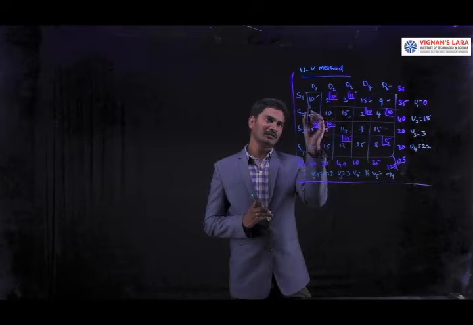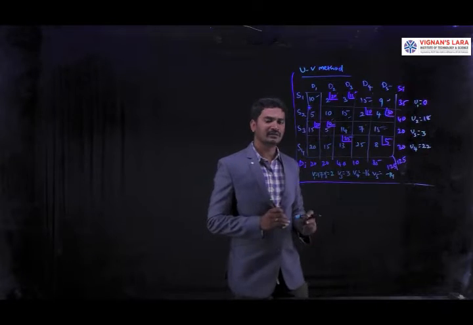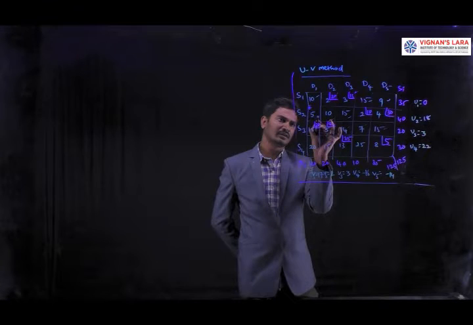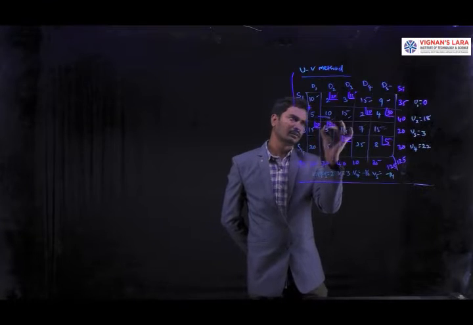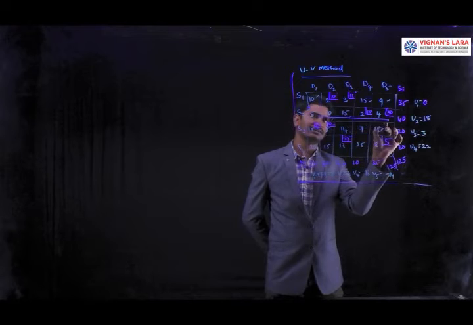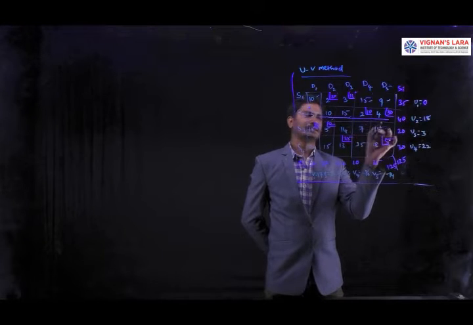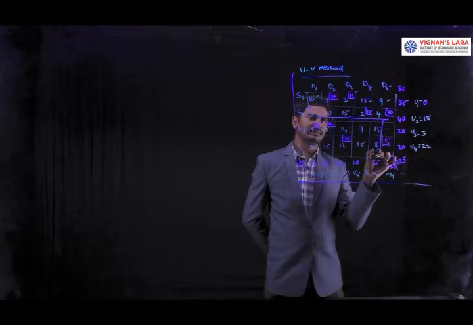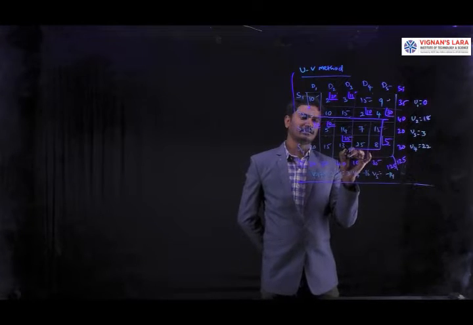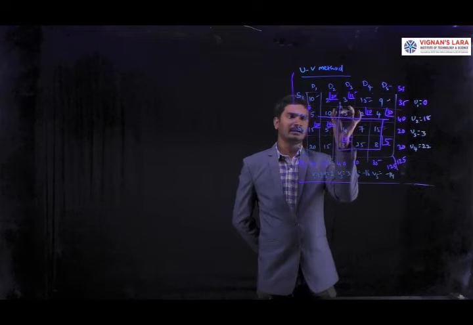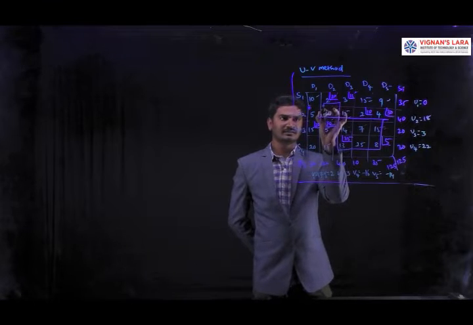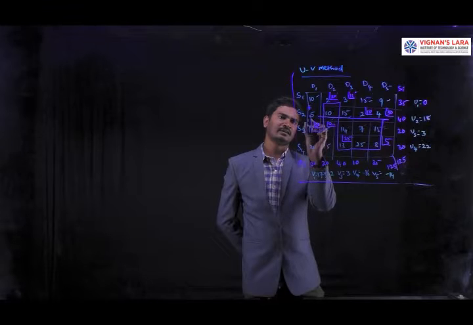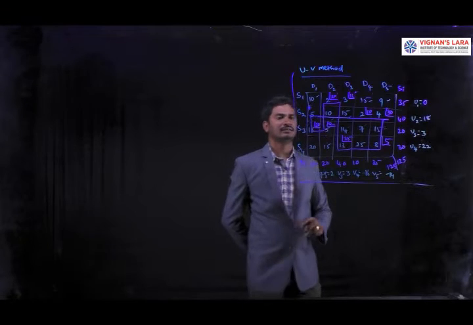We have the rule: the loop must contain one unallocated cell, then the allocations. So we start the loop here. Here we have the allocation, then here we have the allocation, then here, then here, next here, finally we got allocation here.